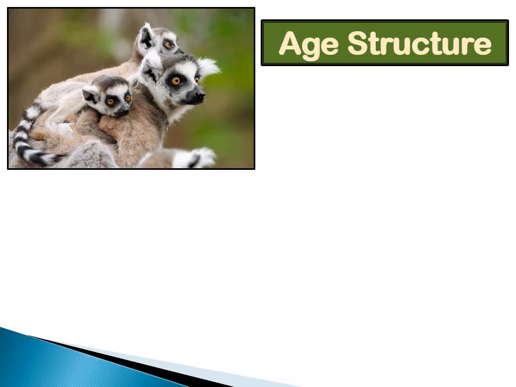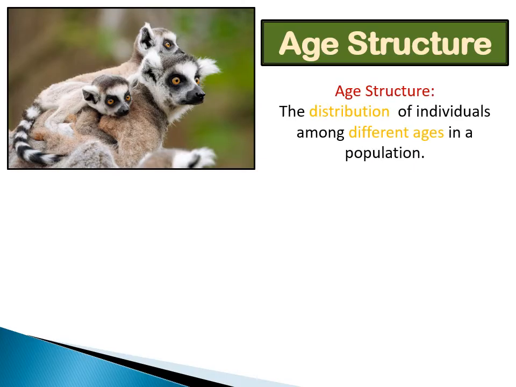When we're looking at these populations, in order to predict what's going to happen, we use age structure diagrams. We will talk about these more when we get into human population growth specifically. Age structure is the distribution of individuals among different ages in a population. How many young people do you have versus old people?